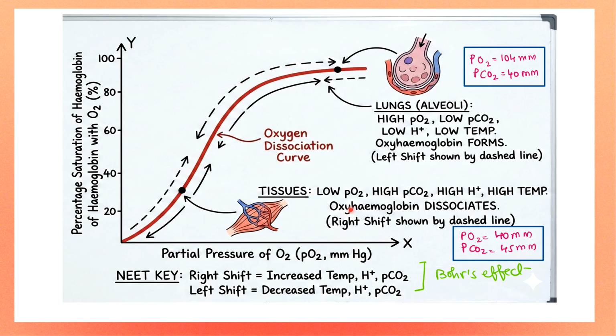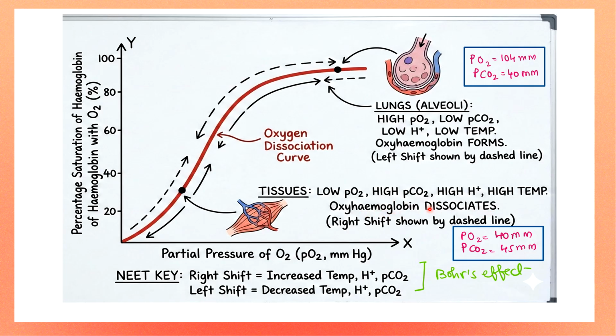At the tissue level, if you see, the partial pressure of oxygen is 40 and that of carbon dioxide is 45. So partial pressure of carbon dioxide is more than that of the oxygen. Additionally, there is high H plus because of the bicarbonate ion presence and high temperature. So all these factors lead to the dissociation of the oxygen with the hemoglobin.